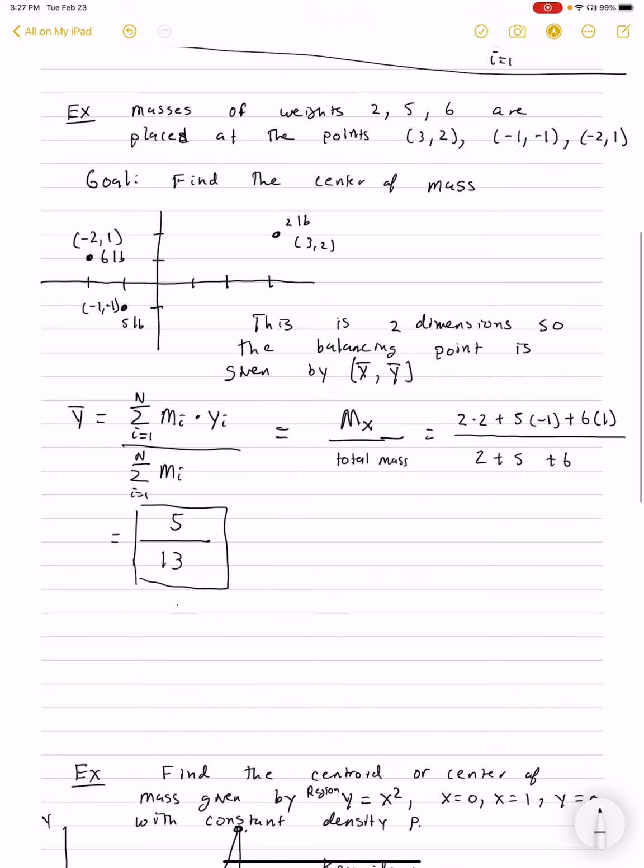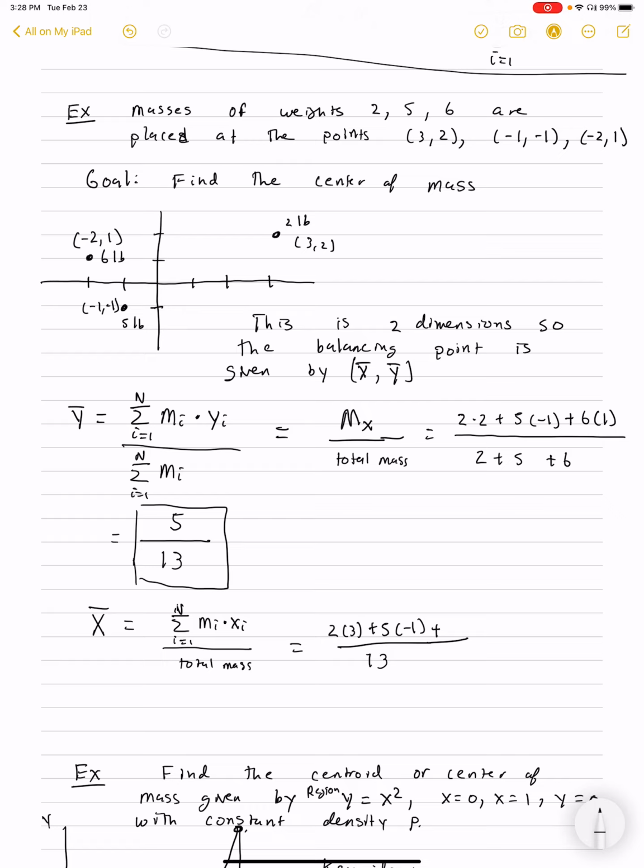Now we need to repeat this in the x direction because the center of mass is both in x and in y. So this is going to be the summation of mi times xi from i equals 1 to n. There's only 3 points, so we'll do this 3 times, divided by total mass. Total mass we've already calculated. That's 13. Mass times x, so this is going to be 2 times 3. Then the weight of 5, with a negative 1 for its x value.